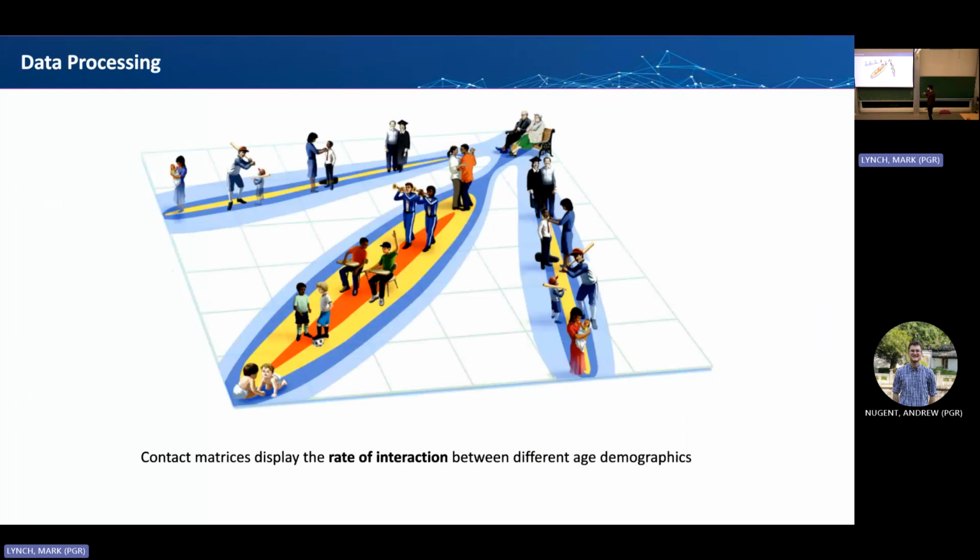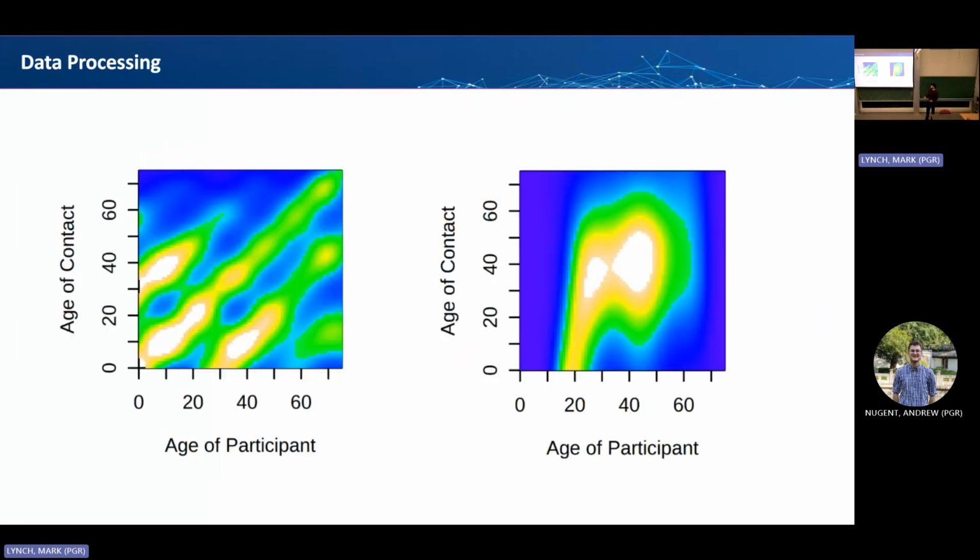Often when people are collecting this data, they use it by looking at contact matrices that look like this. In the bottom left here, we have the youngest people, and as you go across the X and Y axis, people get older. Often people meet people the same age as them much more often, and people meet 1 generation above and below them more often than they would their grown-ups.